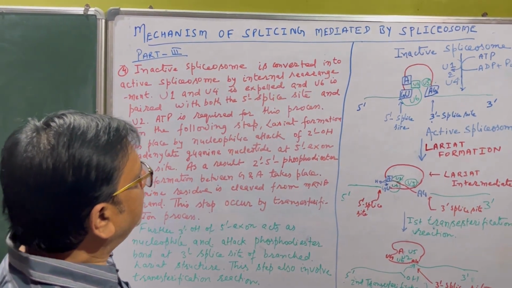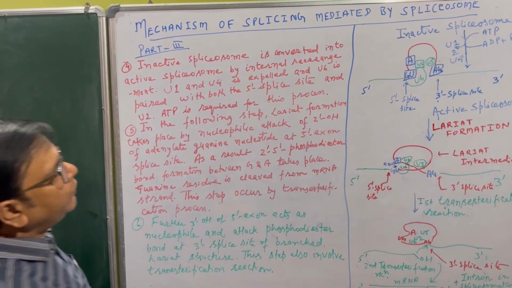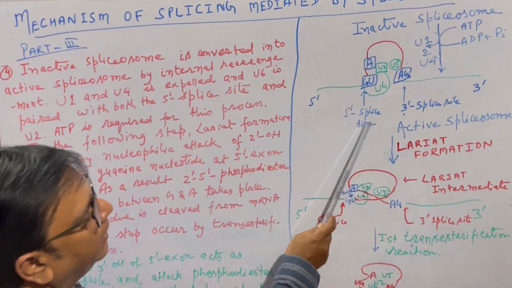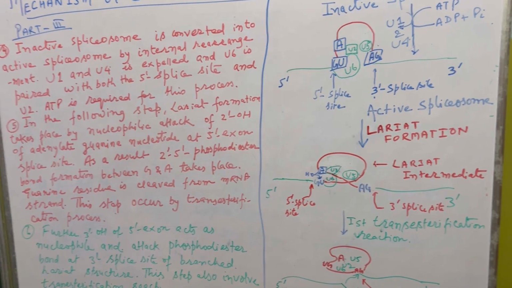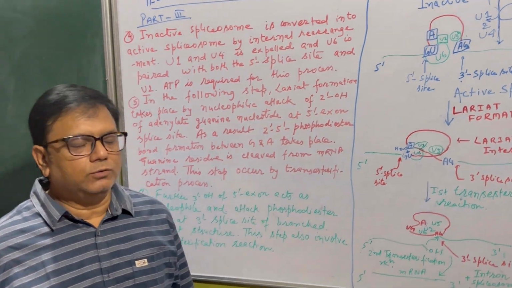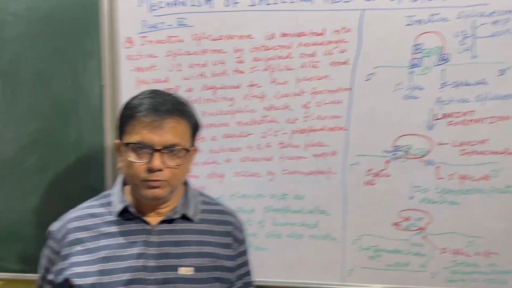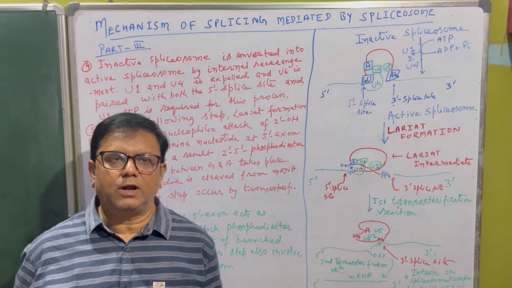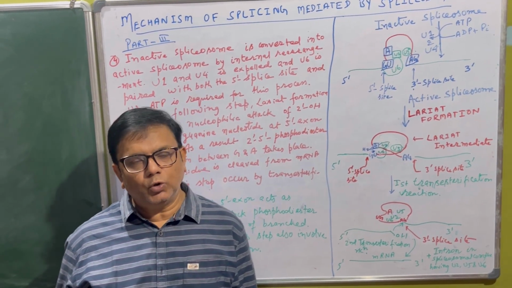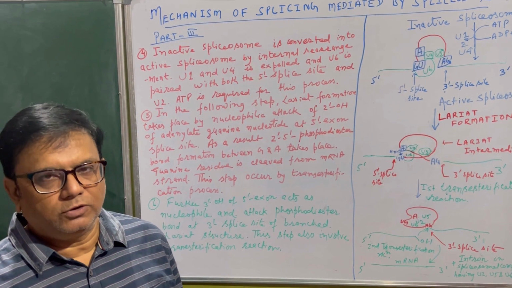U6 snRNP binds both with the 5' splice site and with the U2 snRNP. So to convert an inactive into an active spliceosome, the U1 and U4 snRNPs will be expelled, and U6 will be pairing with both U2 and the 5' splice site, and obviously ATP is required for this process.